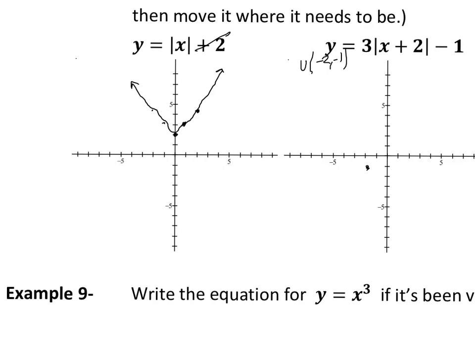Up. How much? 3, right? 1 times 3. We have to multiply by that coefficient out in front. So right 1 and up 3. If I go right 2, how much do I go up? 6. And then left 1 and up 3, and left 2 and up 6. So again, notice that 3 just stretches that thing out.